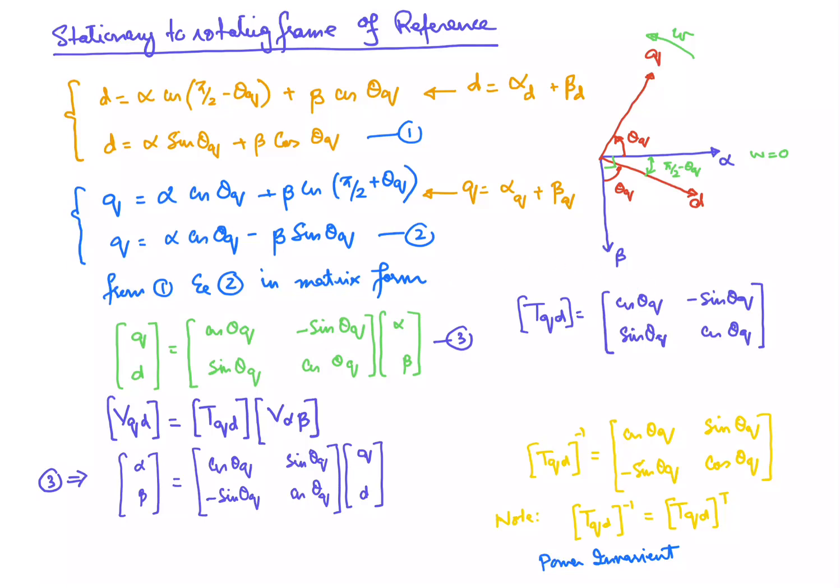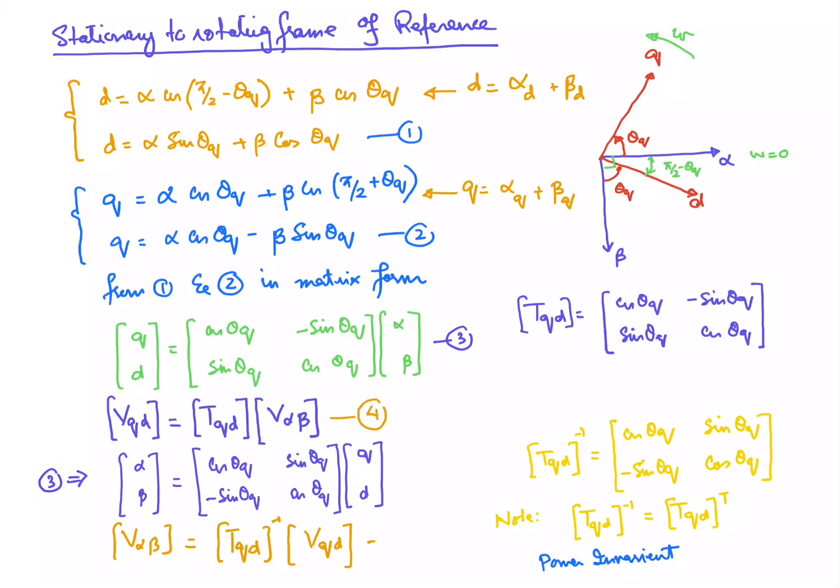Now if we want to find out the alpha beta components, they can be obtained by taking the inverse of this matrix. If we take the inverse of this matrix, we are going to get this one. So we can say that V alpha beta is obtained by taking the inverse of the transformation matrix TQD and multiplying it with VQD, that is the voltages in the rotating frame of reference. With the help of this, you can find out the alpha beta components.